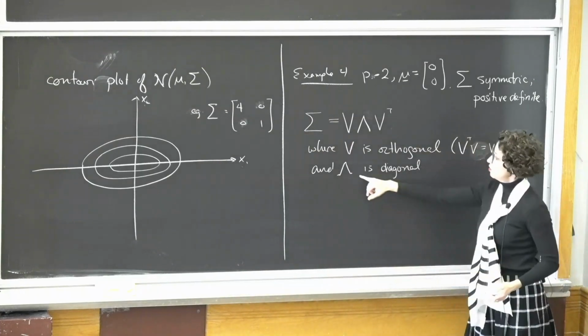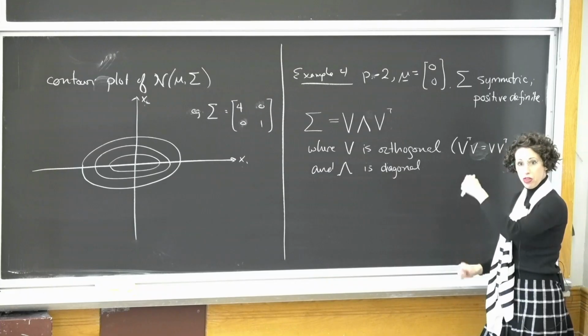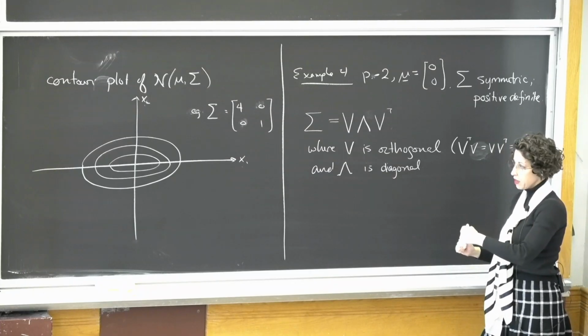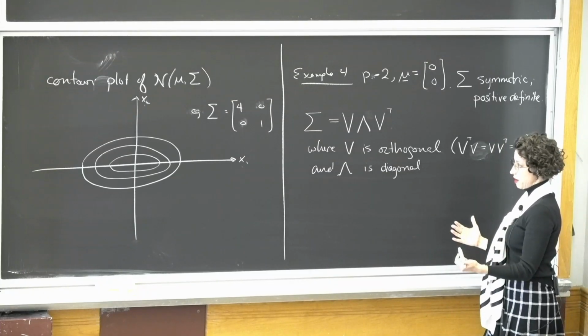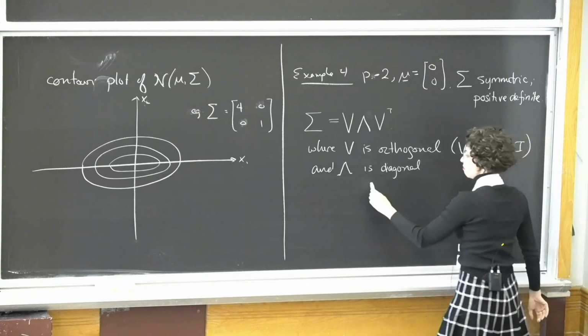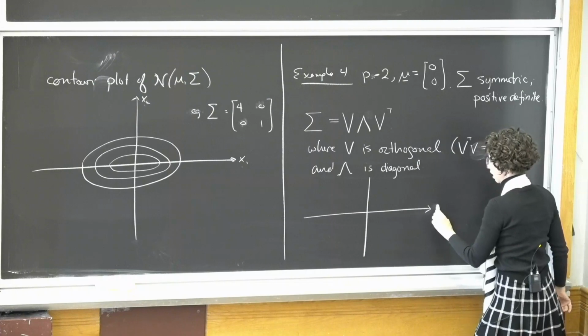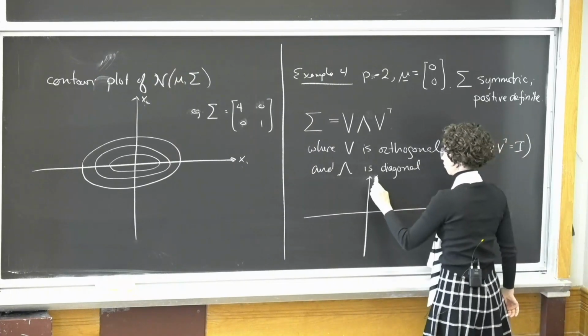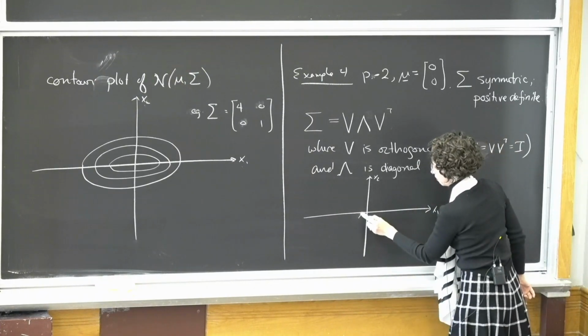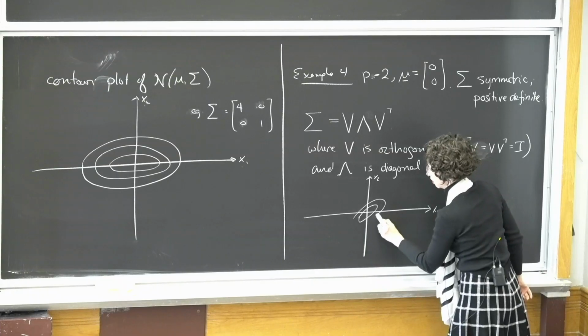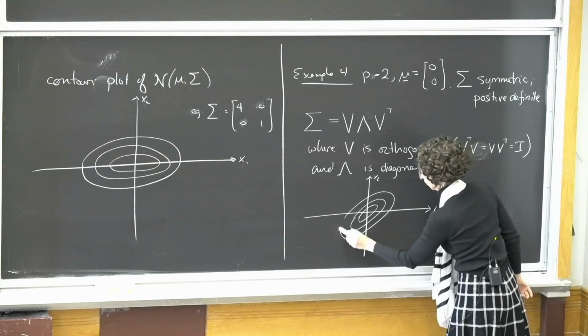And then the lambdas are telling us how much spread there is in the distribution in these different coordinate directions in our new basis. So if we were to plot our contours again, we might see something like this.